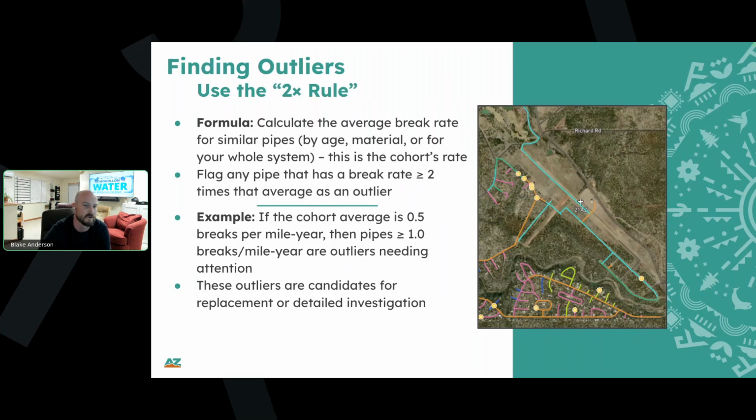So for example, if your older CA, cement asbestos mains tend to average 0.5 breaks per mile per year, and you've got one segment that's clocking in at 1 break per year, then it's breaking twice as often as the others. That's a strong signal that the pipe needs replacement, or at least a closer look. In other words, the 2X rule helps to prioritize which pipes are truly worse than the pack, and those outliers should rise to the top of your action list.